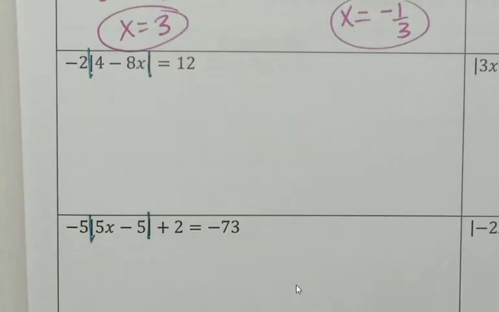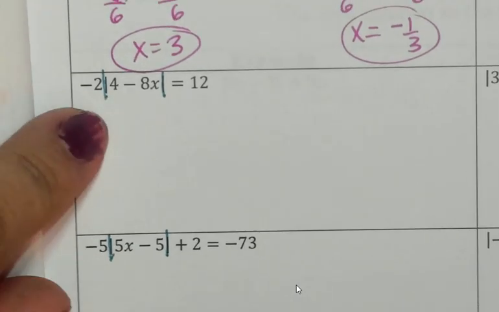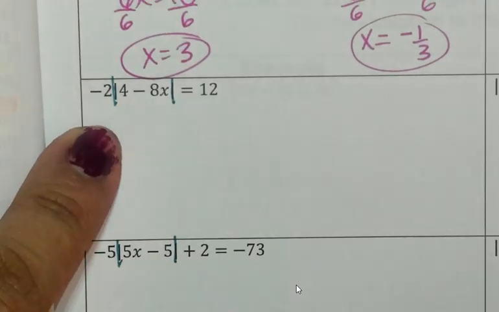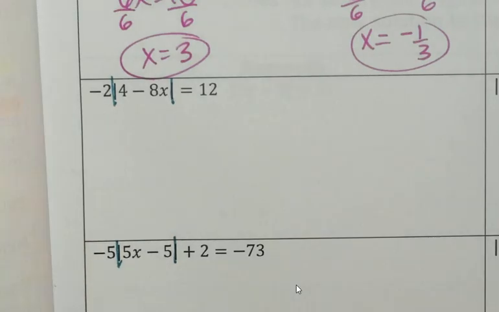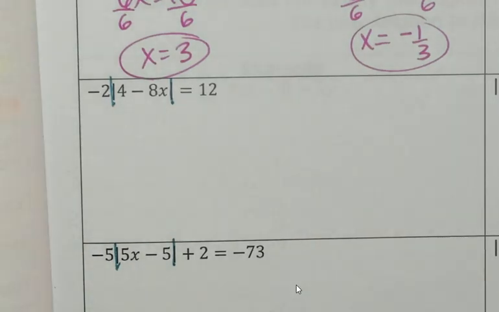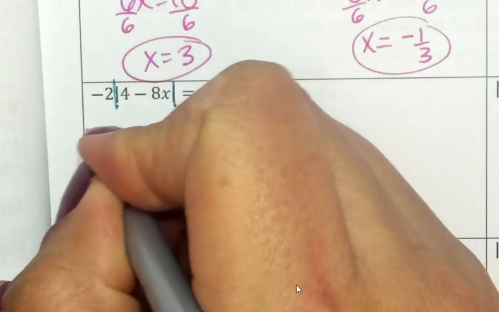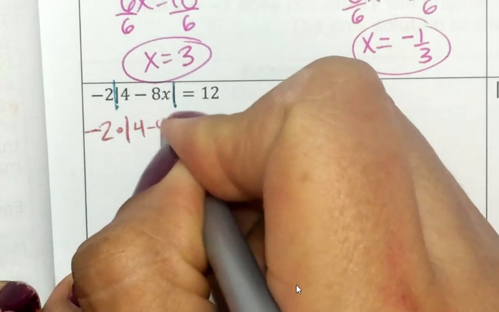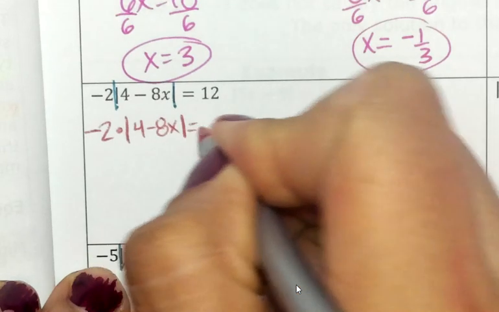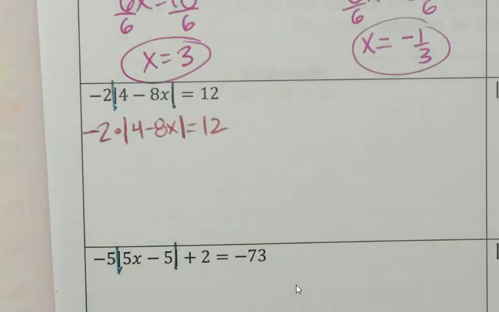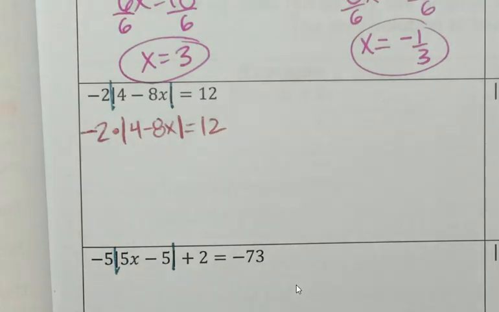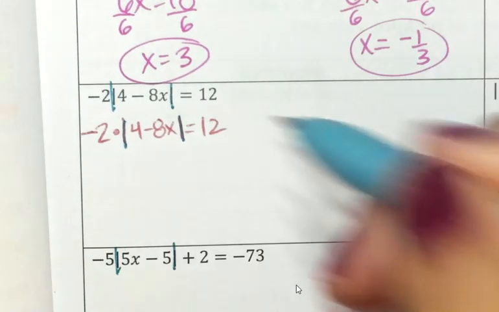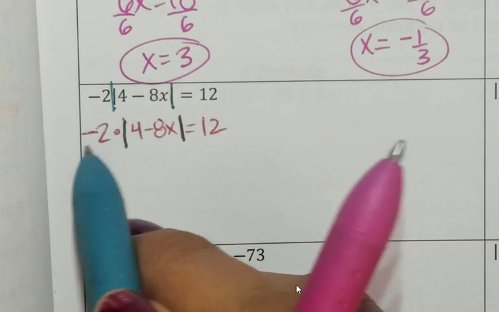Okay, let's try the next one. So this one, like I said, is not isolated. It has a -2 in the front. That -2 is a coefficient. So it's like saying -2 times the absolute value of 4 minus 8x. And that means that in order to isolate the absolute value, we need to get rid of that multiplication times -2.